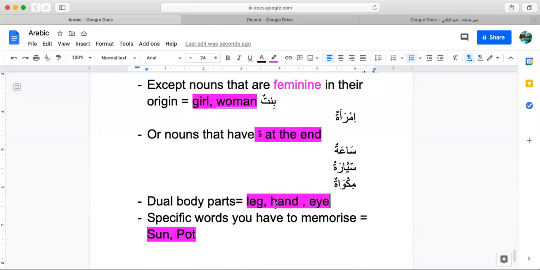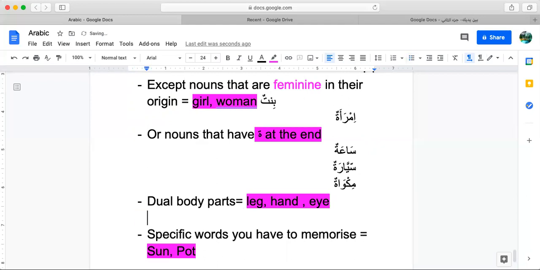What else? Double body parts. What do you mean? It means that all nouns that have dual body parts are feminine. For example, we said leg. You have two legs.